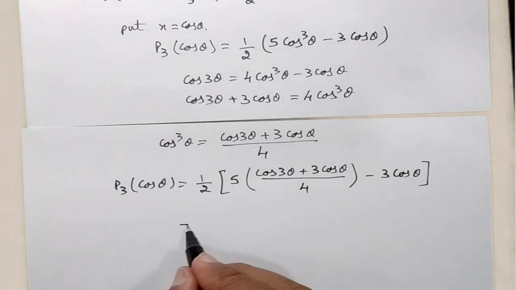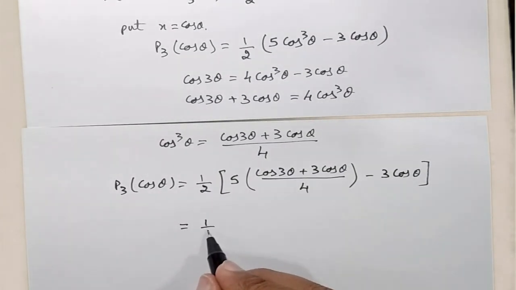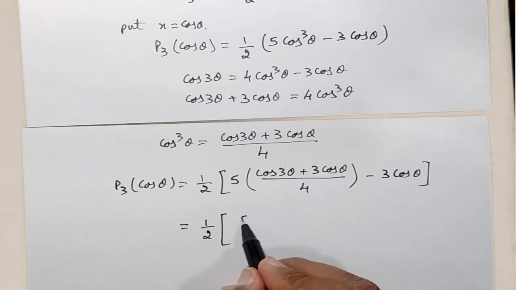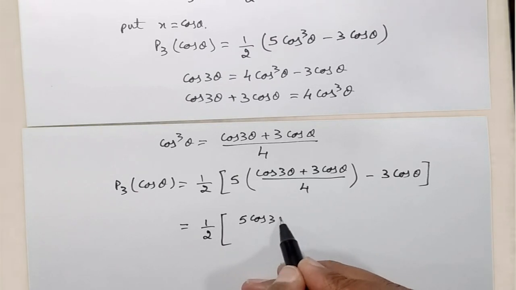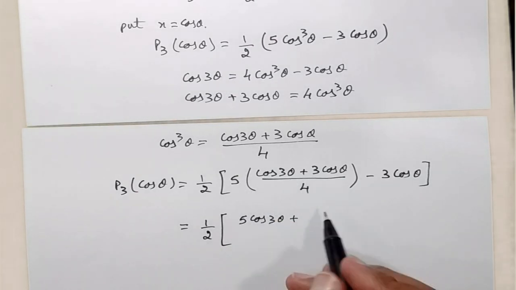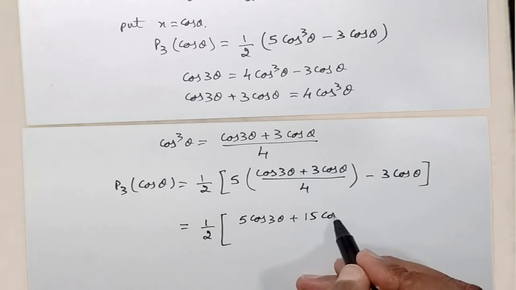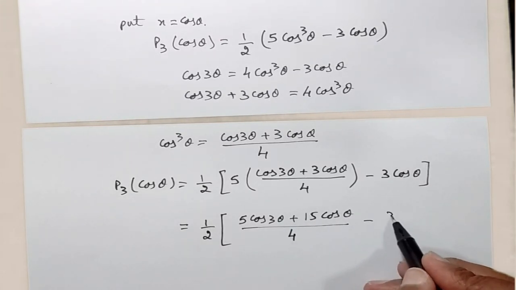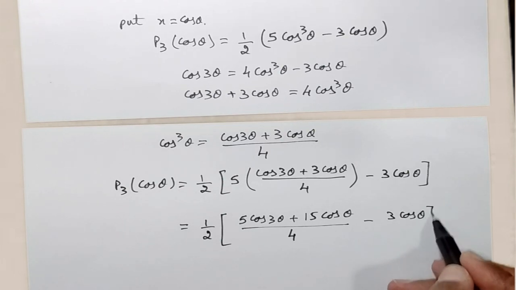So let us try to simplify this one. So 1 by 2 times, multiply this 5 inside, it is 5 times cos 3 theta plus 5 times 3 will be 15, 15 cos theta divided by 4, minus 3 cos theta.